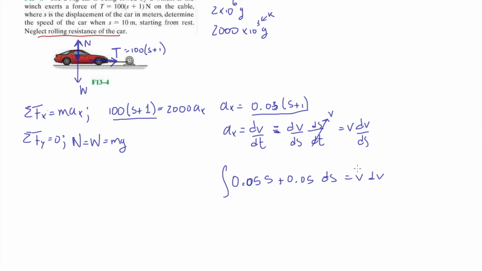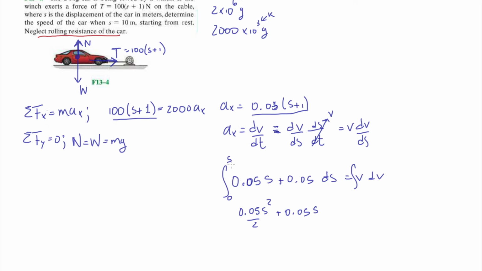So we have our acceleration term integrating with respect to s, and our velocity term integrating with respect to velocity. Once we do this, we should end up getting 0.05 s squared divided by 2 plus 0.05 s, evaluated from 0 to s.